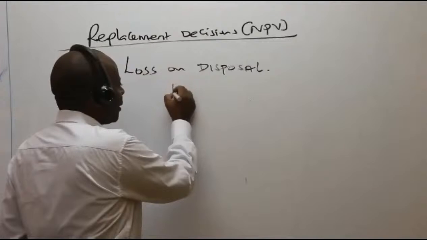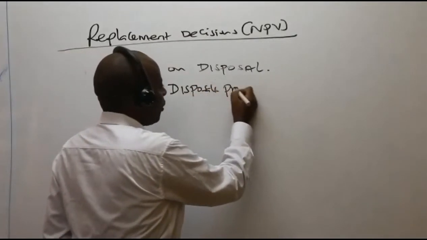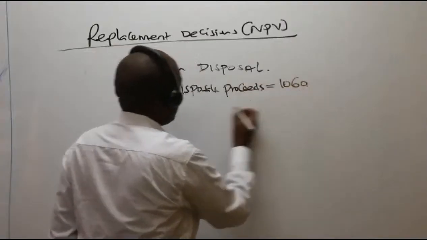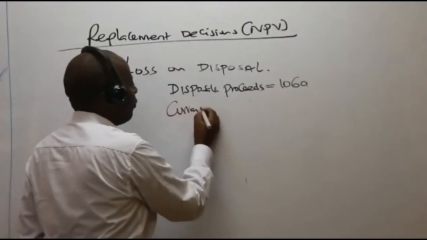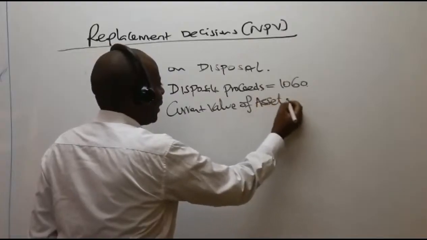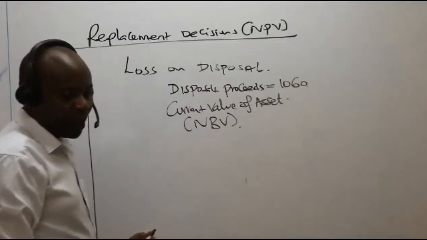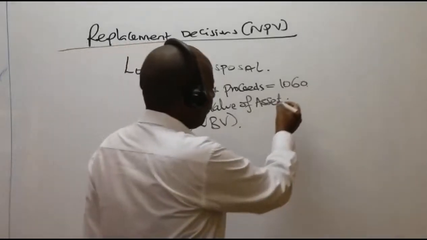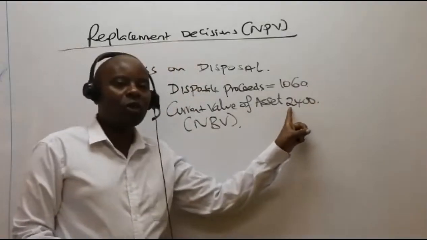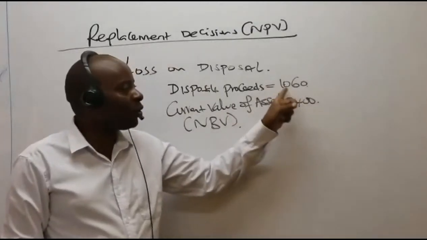We compare the disposal proceeds of 1060, and then now we look at the current value of the asset, as measured by the net book value. So the net book value here, you guys gave me a figure of 2,400. You can see that an asset that is worth 2,400, we are selling it for a paltry amount, a smaller amount of 1060.